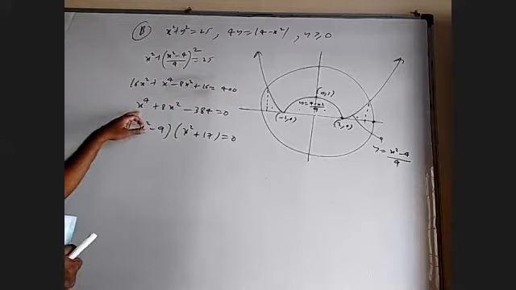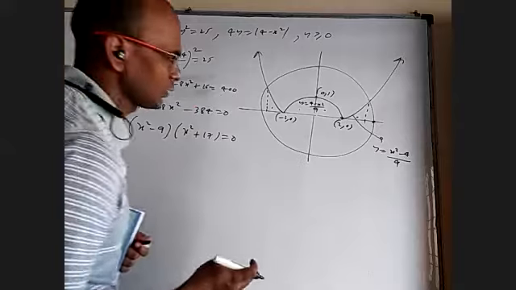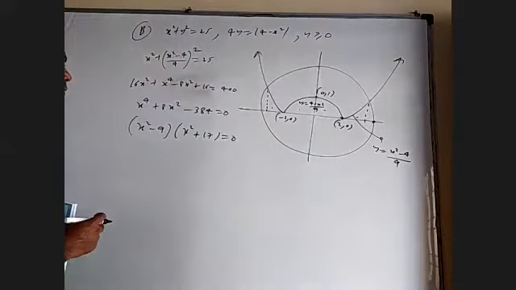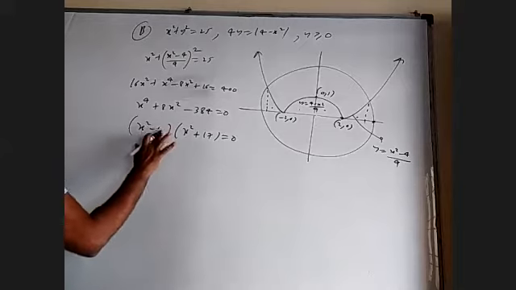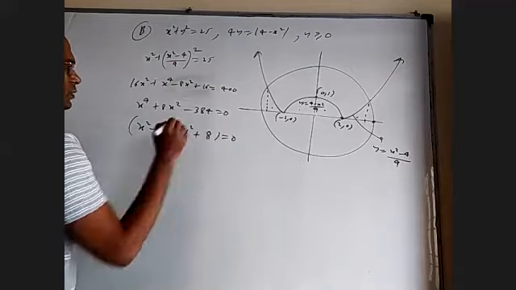Is x square equal to 9 satisfying here? We want x equal to 3, right? x equal to 4, y equal to 3, sorry. It is x square minus 16 into x square plus 8, I guess.